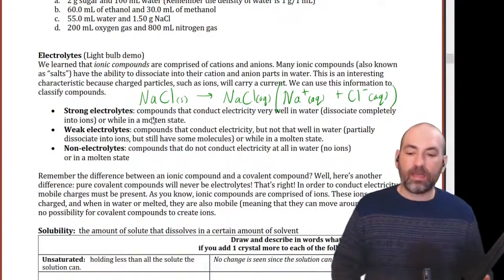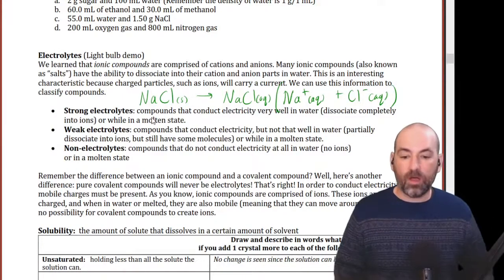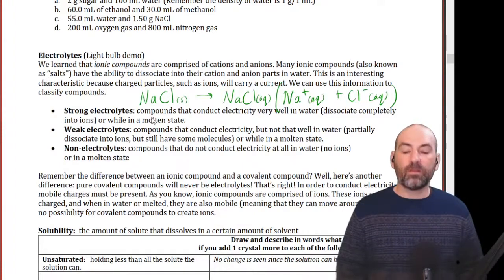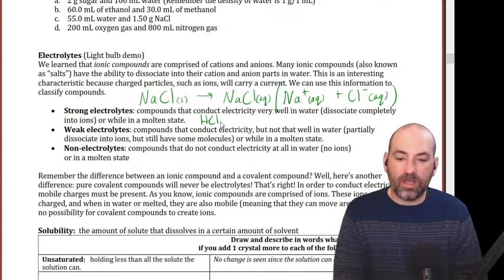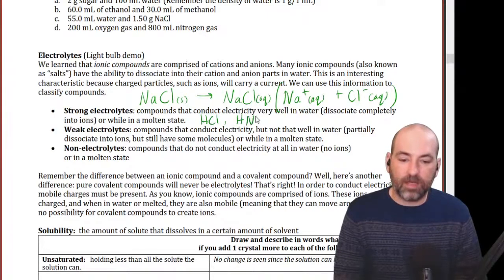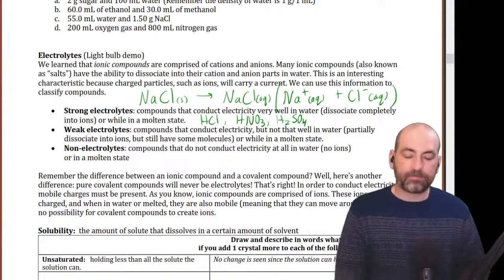So any kind of ionic compound that dissolves in water and breaks apart fully is generally going to be a strong electrolyte.